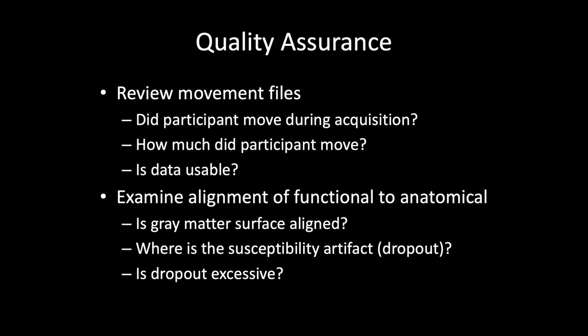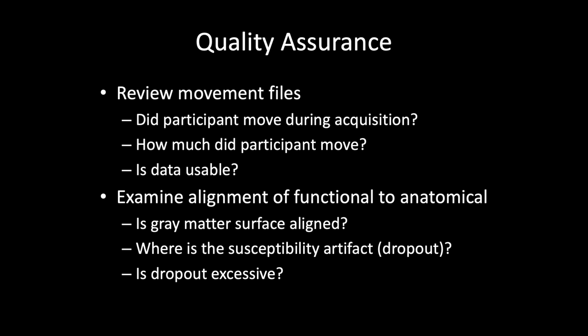So at this point, if you've gone through these processing steps, we now want to go back and look at our data and make sure that the data look okay. We want to know, did the participant move a lot, or were they pretty steady? How much did they move? Is the data usable? And these things can vary in how important they are to you, depending upon your population, and depending upon what your goals are with respect to the scan acquisition.